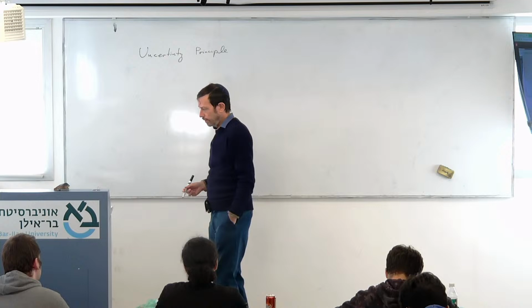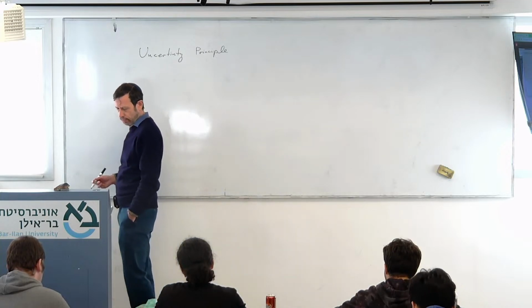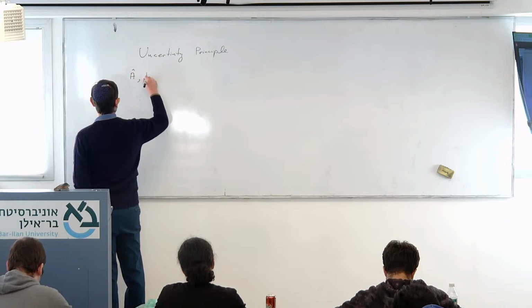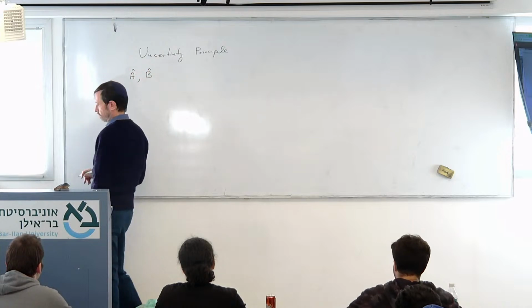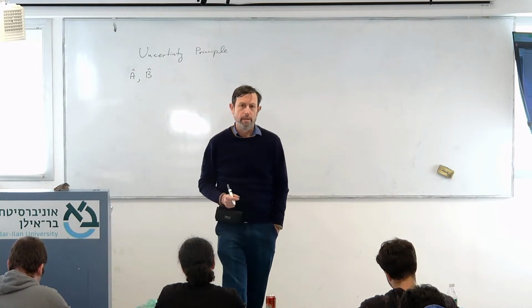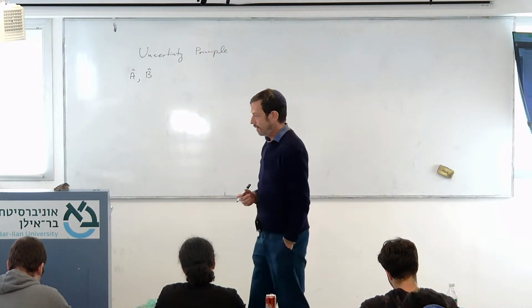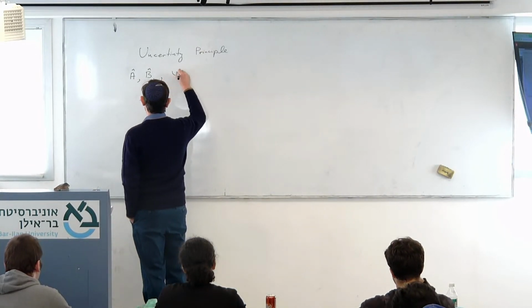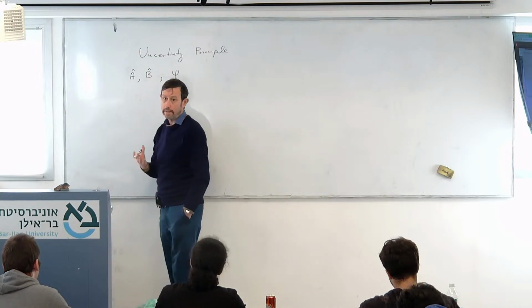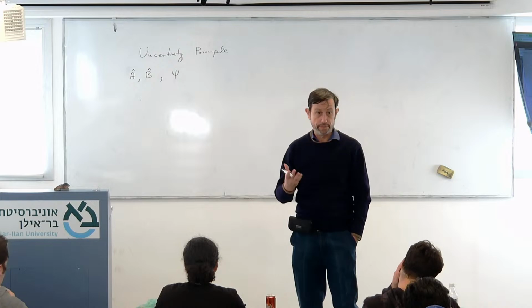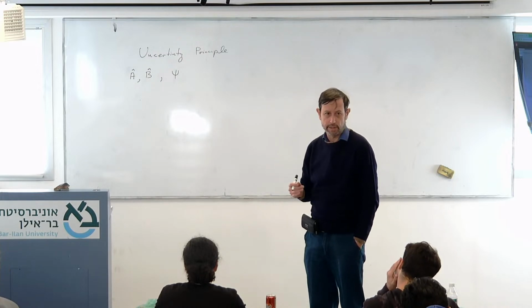Okay, so we need two operators that we're interested in measuring, A and B. And we are at a given wave function, because the physical information is in this wave function.